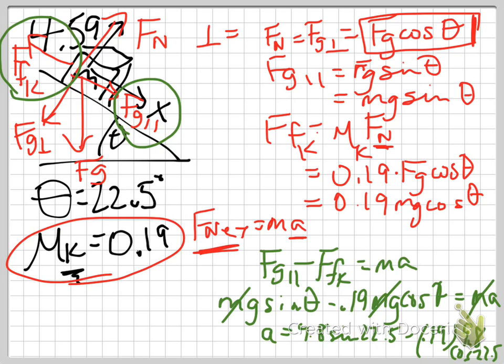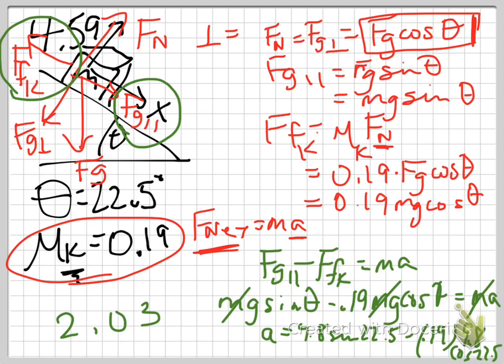I'll do it real quick on a calculator. 9.8 sine 22.5 minus 0.19 times 9.8 cos 22.5. I got 2.03 for my numbers. Your numbers might be different than mine, so you're going to have to double check.